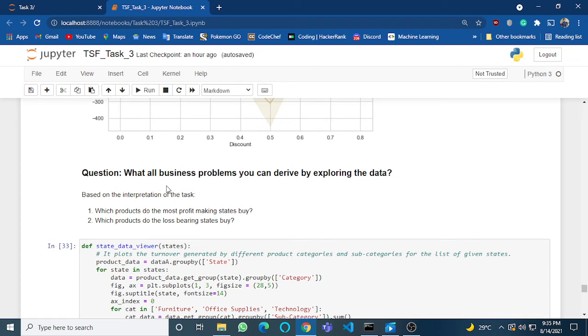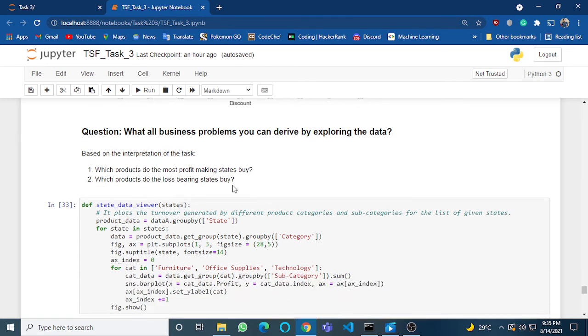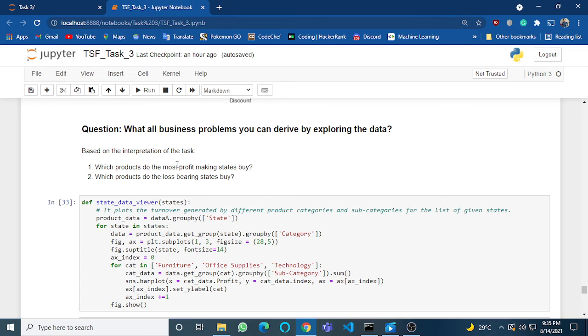The question is: what are all the business problems you can derive from exploring the data? And I have made out two questions.